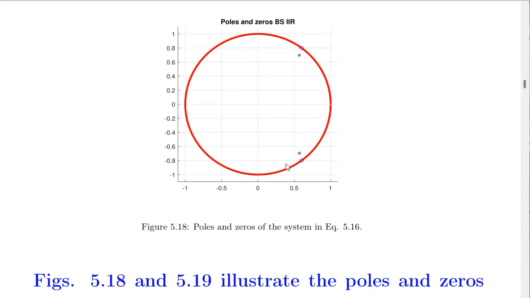Two zeros to prevent the pass of the middle range frequencies, and we have located two poles near it to have a better shaping for band stop.